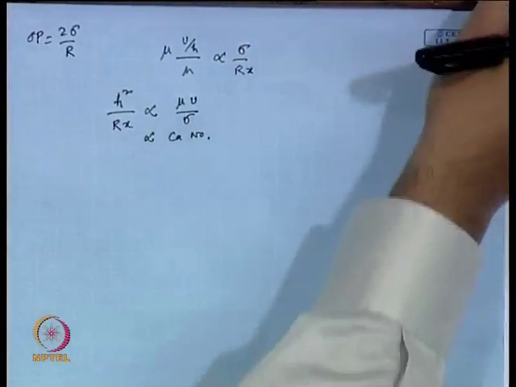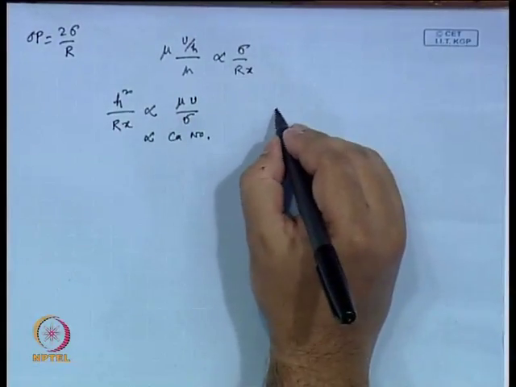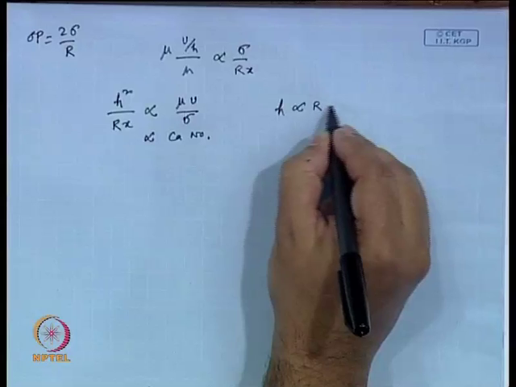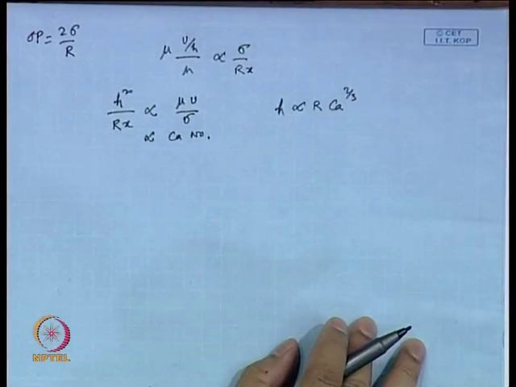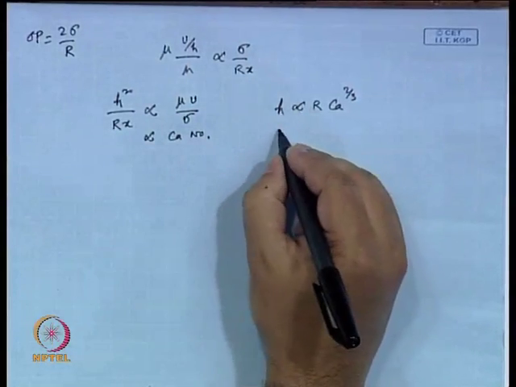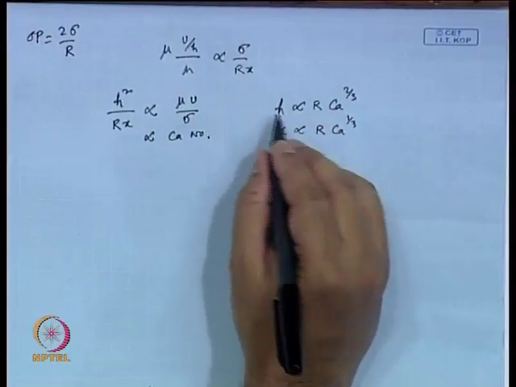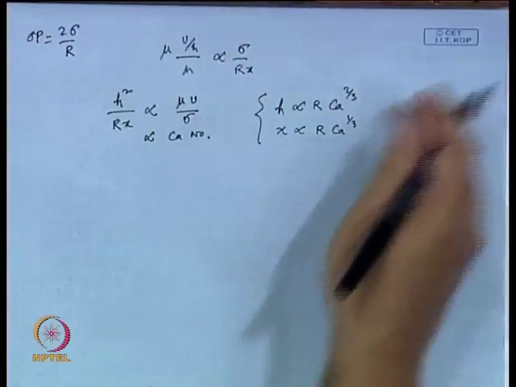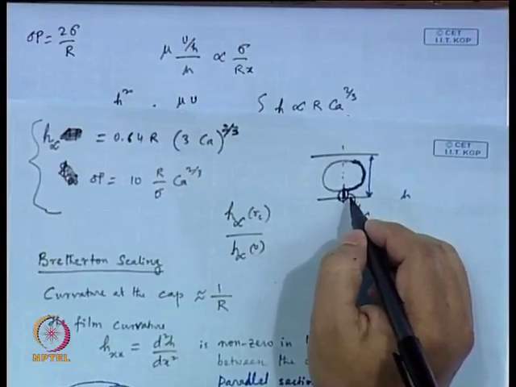And on top of that, I have this relationship x is proportional to square root of r h. Now, if you put this in here, what you get is h is proportional to r capillary number to the power 2/3. All right, and also x is proportional to r capillary number to the power 1/3. So, you have some idea what would be this average h.